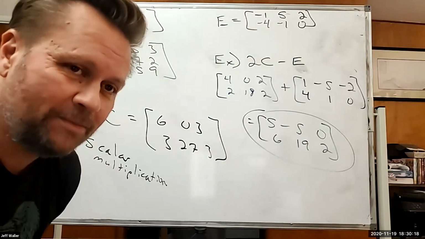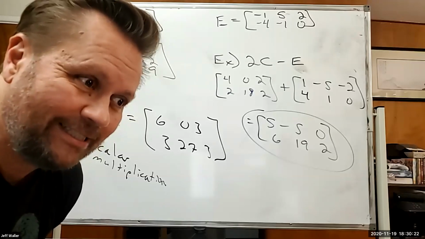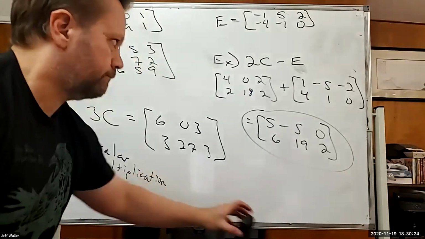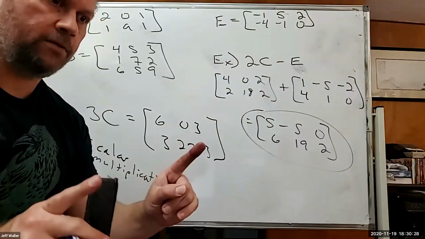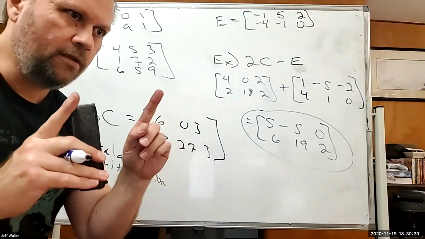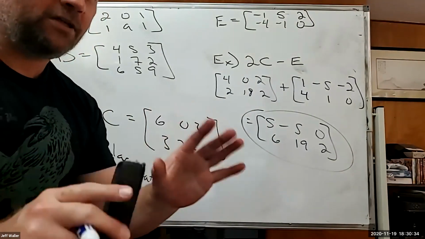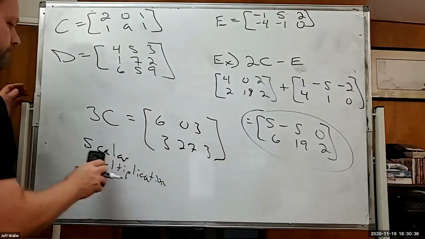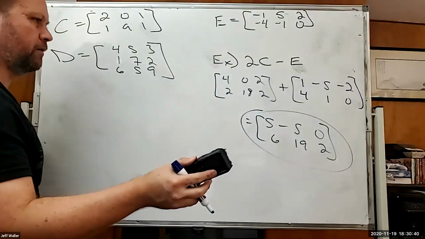All right, let's talk about multiplication. And in order to talk about multiplication, there are so many reasons why we define matrix multiplication the way we do. And it's not straightforward.